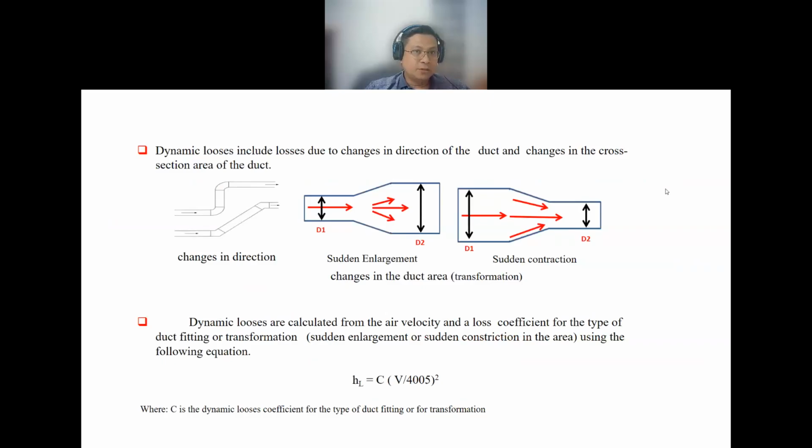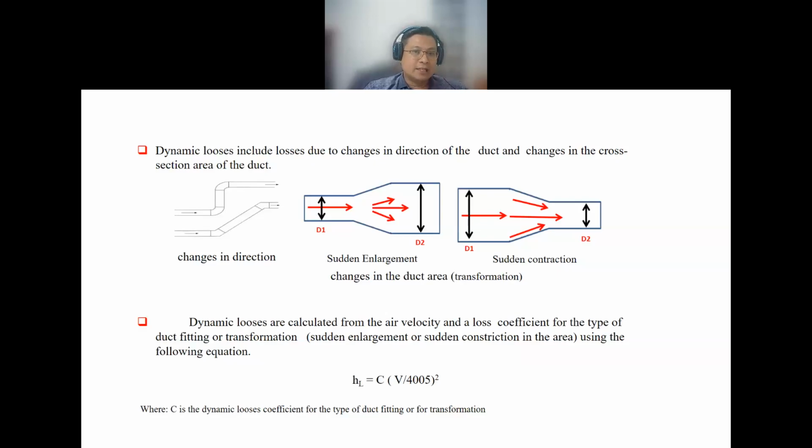Dynamic losses include losses due to change in the direction of the duct and change in the cross-section area of the duct. So you can see dynamic loss. First maybe in low elevation and then we come to high elevation. From this condition will contribute to the head loss. Then we call it dynamic losses. You can see first we use a 90 degree elbow and the second is a 45 degree elbow.